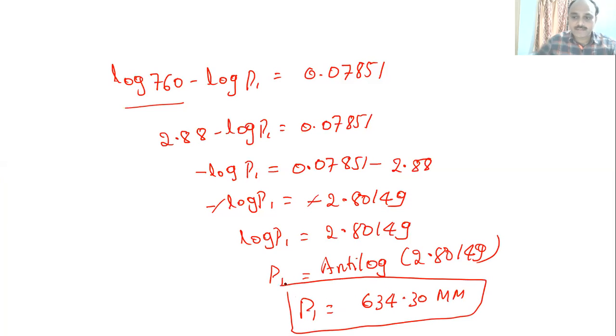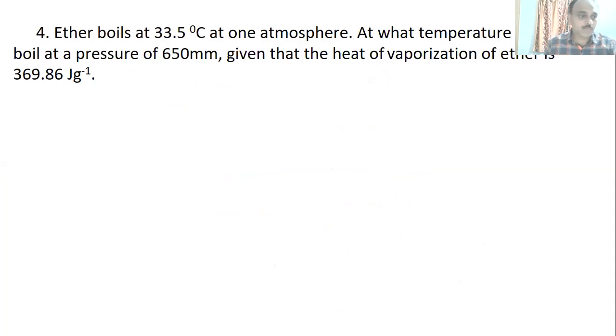Okay. Next problem: ether boils at 33.5 degrees Celsius at 1 atmosphere. At what temperature will it boil at a pressure of 650 mm, given that the heat of vaporization of ether is 369.86 joule per gram?